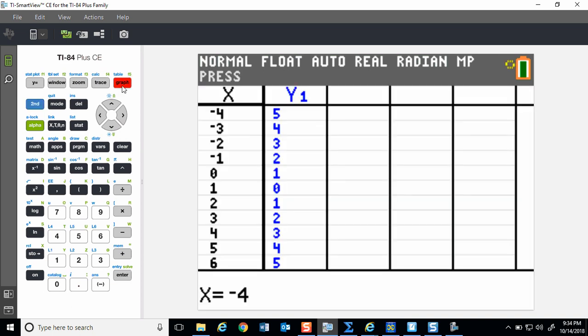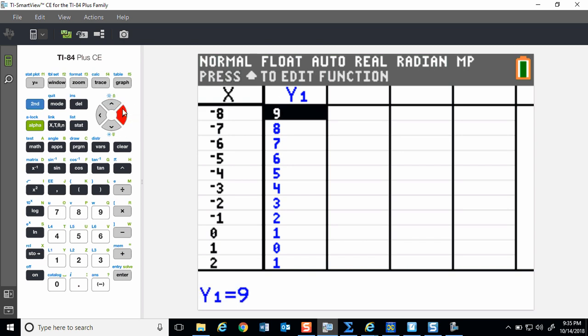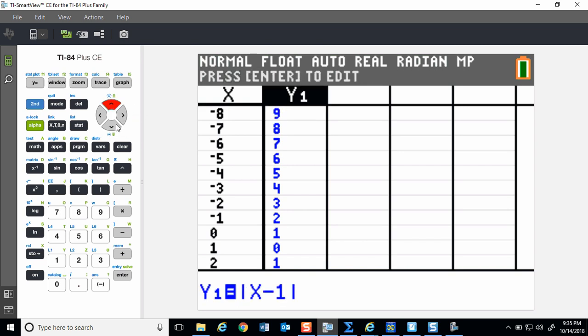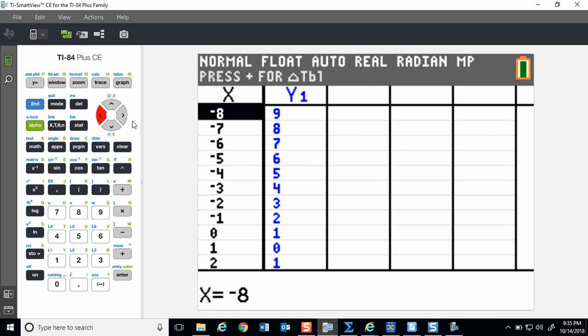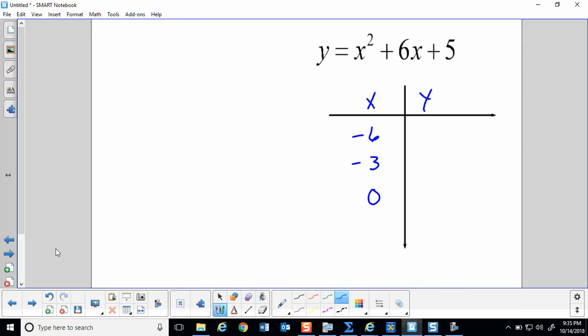Second graph, table, and it'll give me my values. Now you can always go up on the x, but here let's say I'm in the y column, the output, you can't go up. So if you need to go up, you need to make sure you're in the input column there.